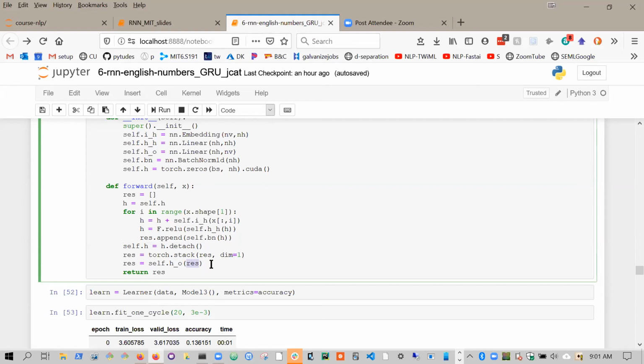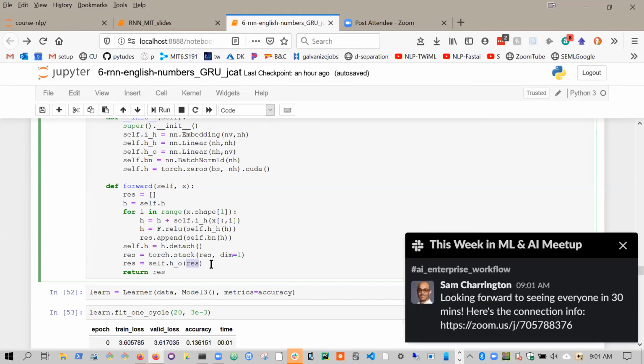Now, when you get to the next line, you want to carry forward the hidden state, but you don't want to carry forward all of the differentiation of the hidden state with respect to the first line. So you detach it, which means you say I don't want to continue to carry all your derivatives. I just want to take the value and shove it into the next iteration and then compute the new derivative with respect to the new set of tokens. That's why you do the detach, but then you append and carry the h forward to the next line.